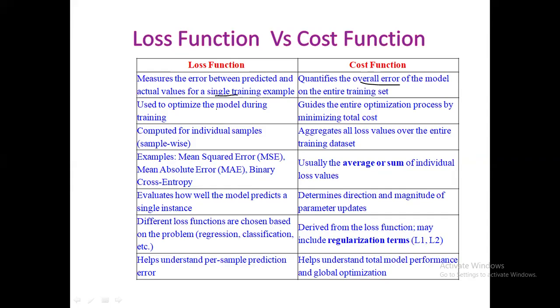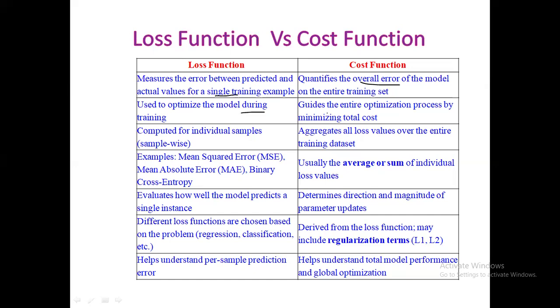Next, if you are considering the role during training, the loss function is used during training to compute the error for each sample, enabling the model to understand how much it should adjust for that specific example.